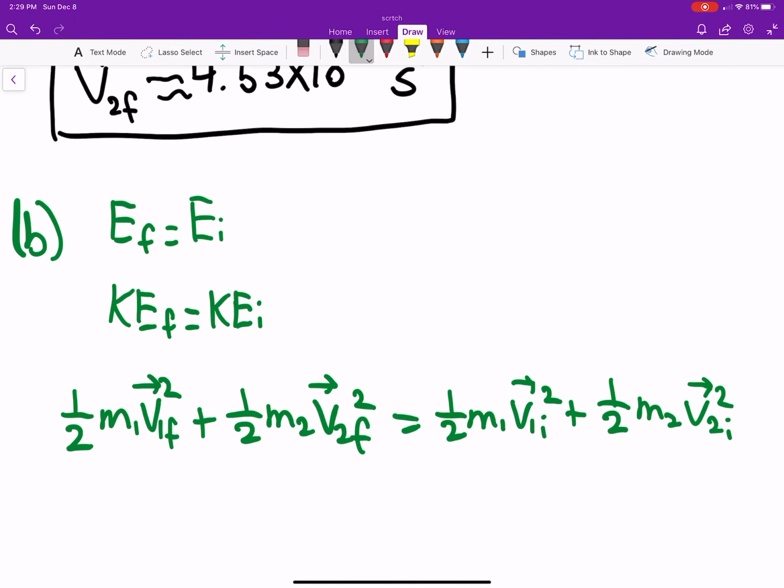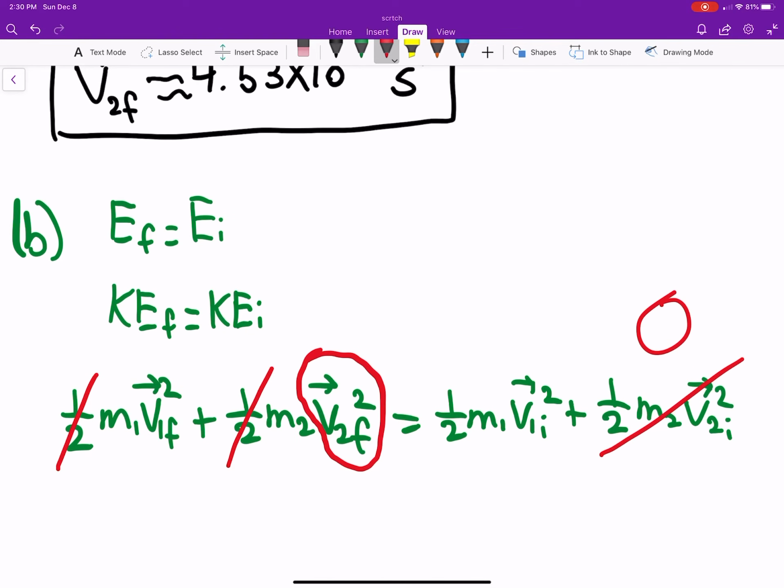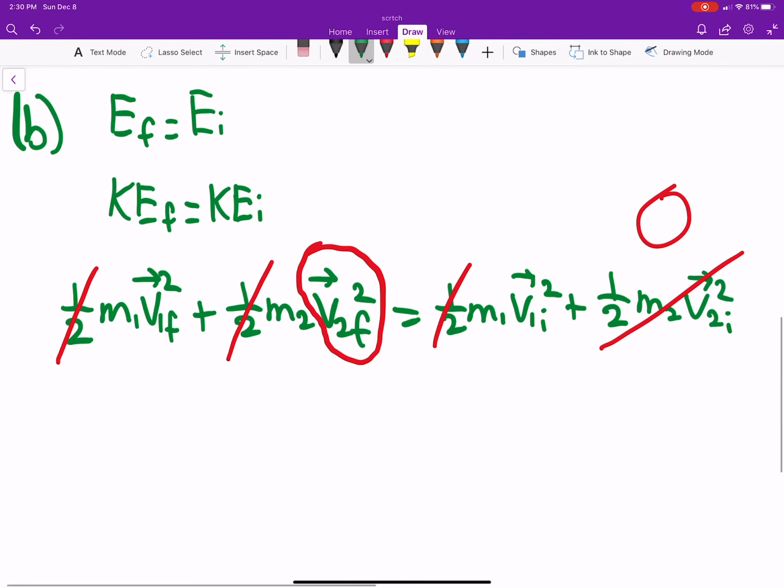Well, it's still true that the initial velocity for the second atom is 0, so that makes it a little nicer. And it's still true we want to know the final speed of the helium atom, so that's just that. Simplifying it a little bit, we can multiply everything by 2 to get these 1/2s to go away. And now it's just algebra.